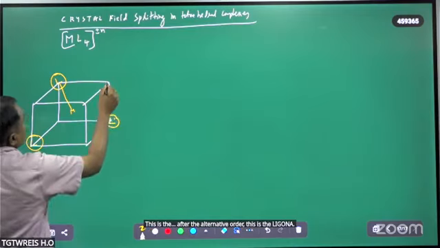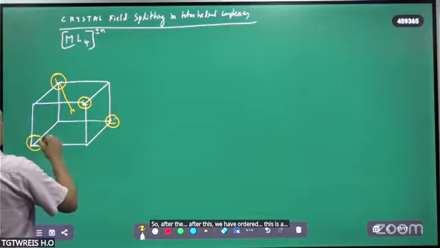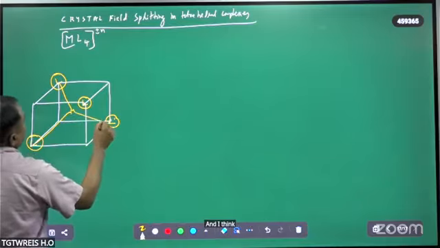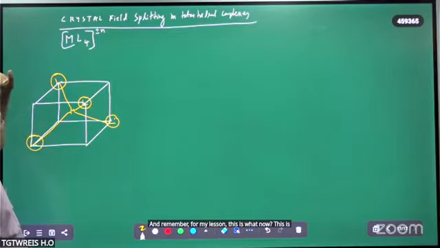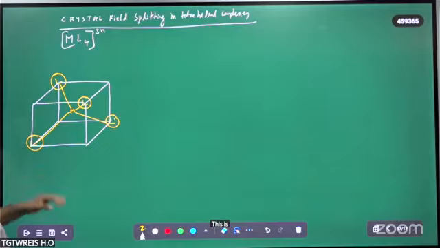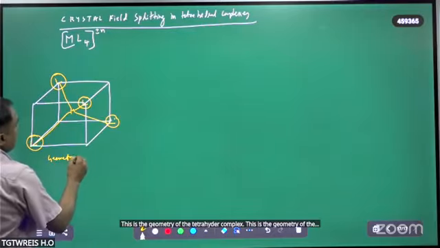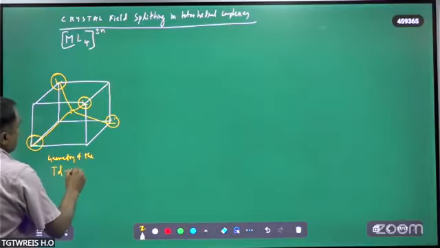So these 4 are connected. This is ML4 plus or minus n. This is the tetrahedral complex, and this is the geometry of the tetrahedral complex.